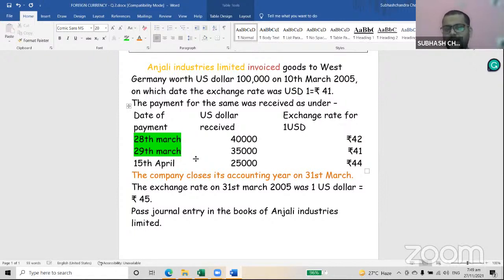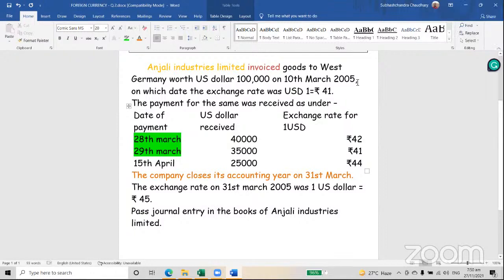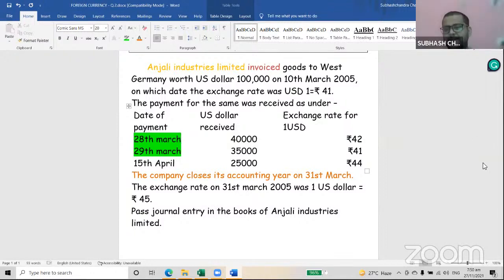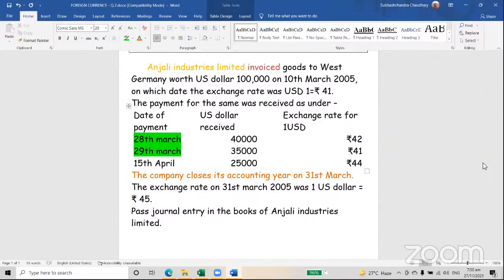Everyone focus properly. Are you getting my point or not? Yes, sir. See, the transaction is on 10th March.